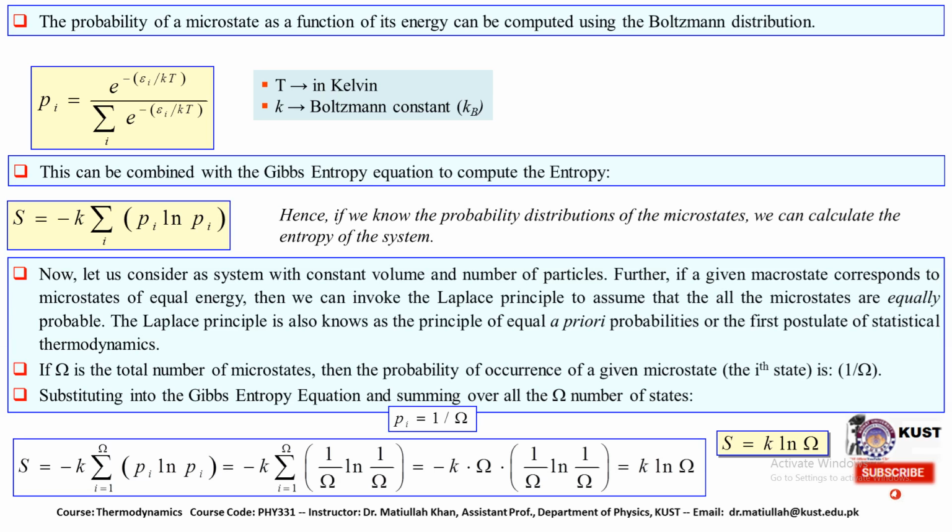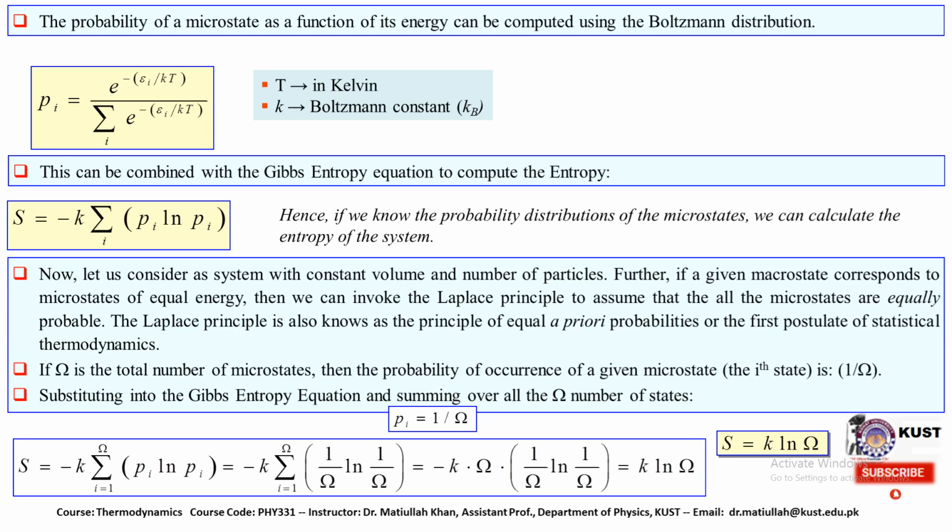So we have probability theory for any particular microstate, and the probability of a microstate is a function of its energy, can be computed using the Boltzmann distribution, which is equal to e^(-epsilon_i/kT) divided by the sum over i of e^(-epsilon_i/kT).